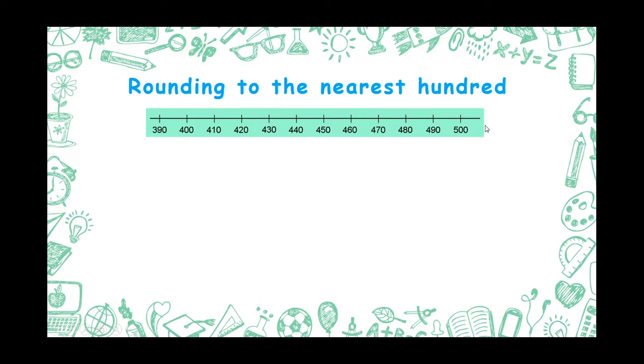Here we have a number line. It goes from 390 to 500. Okay, so we're going to practice rounding now.